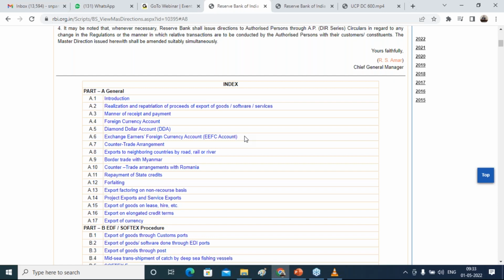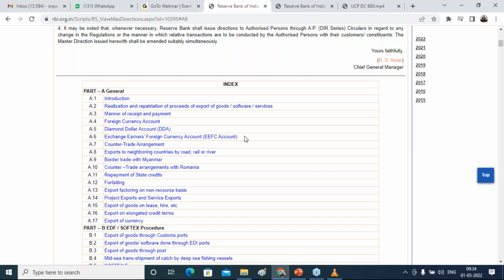So maintaining the exchange earners foreign currency account is very essential. Why am I talking about this? Suppose you export goods or services and get $1, then it will be converted into Indian currency. You are getting, say, 76 rupees a dollar.